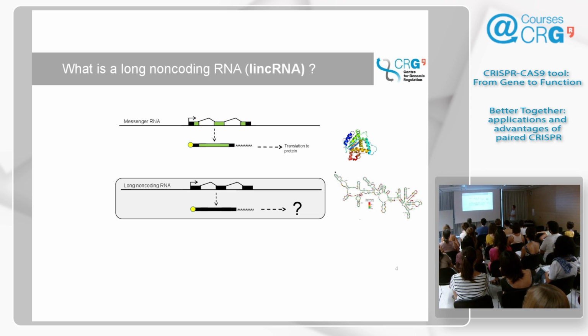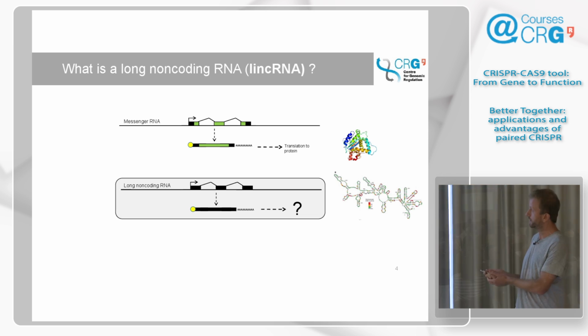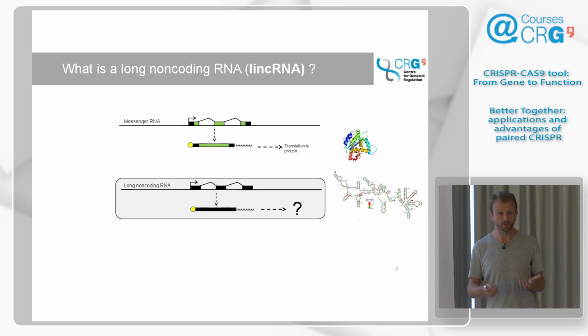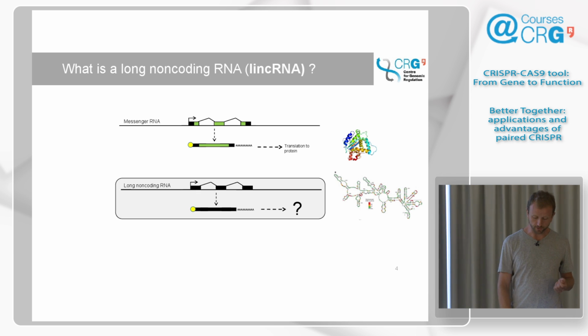In terms of their gene structure, they usually have a promoter, they're usually spliced, indeed they're usually capped and polyadenylated, but the key difference here is that we cannot identify any protein coding sequence in those genes, and so we think that they don't encode any protein, that they function as an RNA molecule.